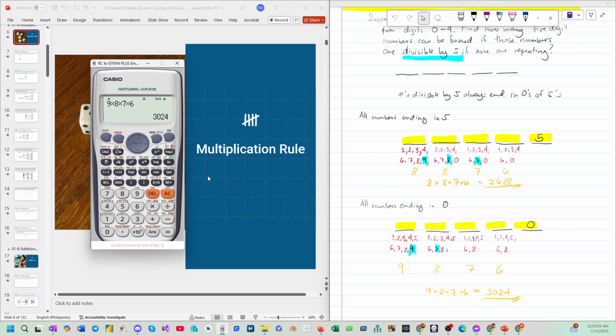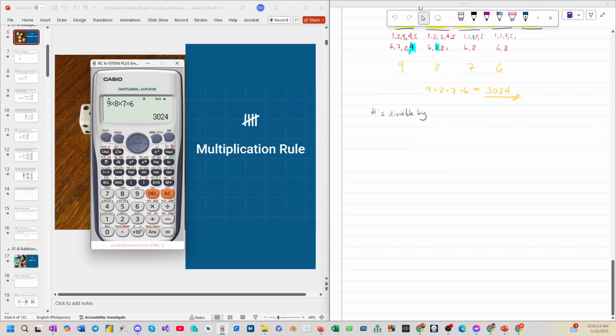Yeah, numbers divisible by 5 is syempre all numbers ending in 5 and all numbers ending in 0, okay, which are what we have 2,688 and 3,024.